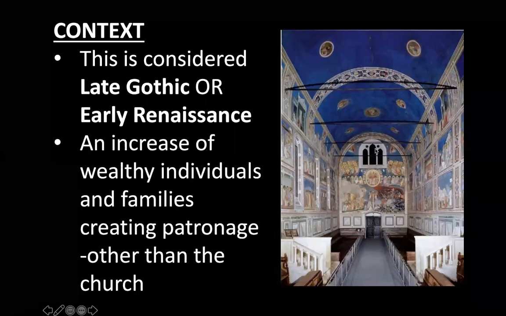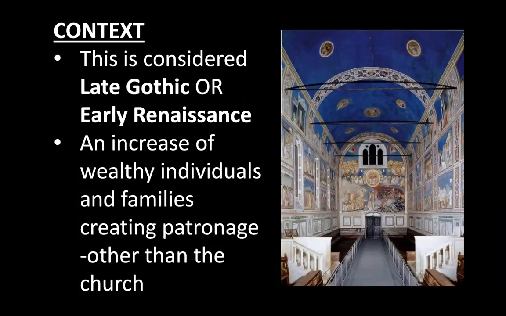All right, at this time period, remember the church controlled everything up to this point. The church was the number one patron of the arts. Here we start to see a shift, and we're going to continue to see this in the Renaissance. The Renaissance is famous for really wealthy Florentine families, like the Medici family, being the patron of most of those early Renaissance artworks.